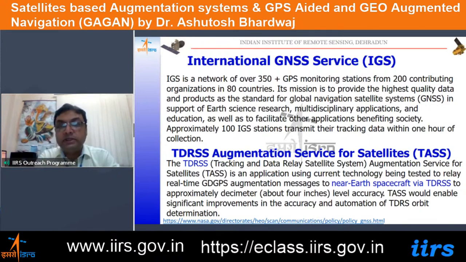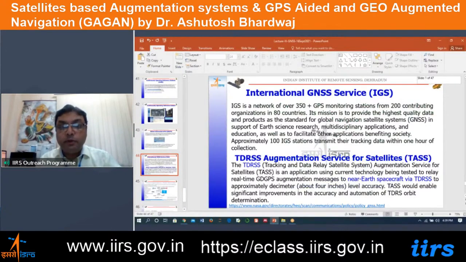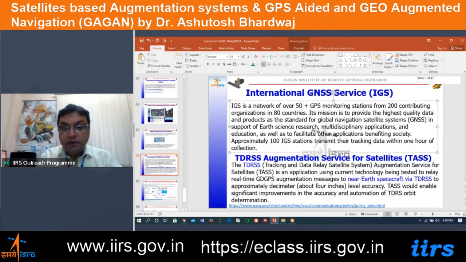Once the concept of GNSS came in 2006, it was renamed as International GNSS Service. In this we now have about 500 GPS monitoring stations all over the globe, contributed by various organizations, and these IGS station datasets can be downloaded free of cost and utilized for high-end processing.